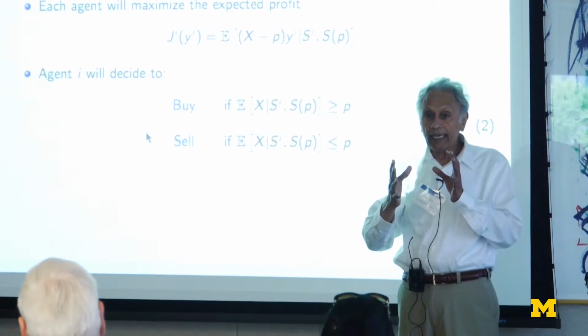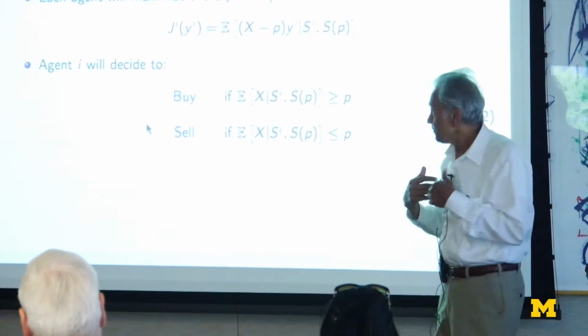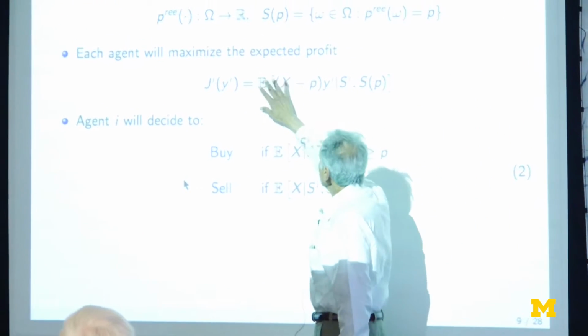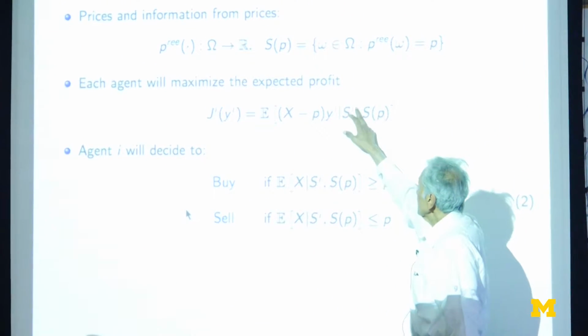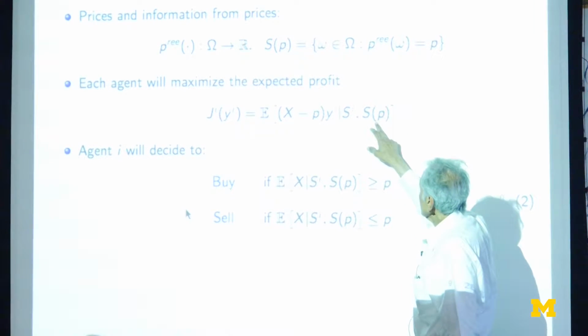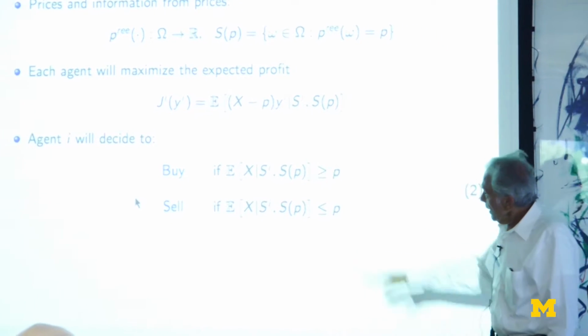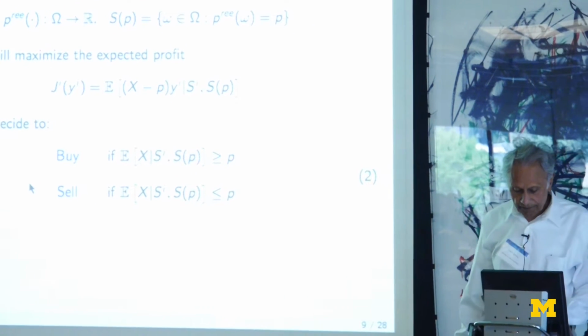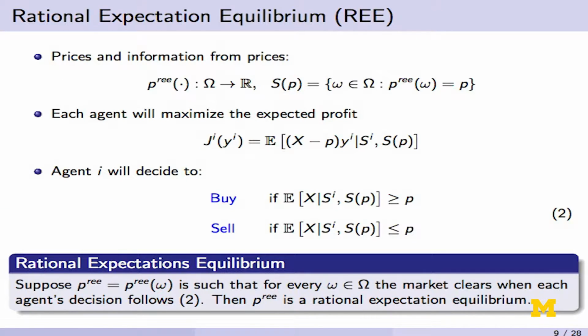That's the additional information they get on top of their private signal. So now each agent will maximize the same thing as before, given their original signal, plus this additional information derived from the price. And you go through the standard story. The definition of rational expectation equilibrium is a random variable P such that the market will clear at any realization, when the agents behave rationally. And that is called a rational expectation equilibrium.